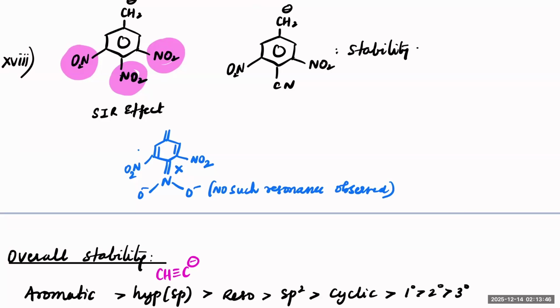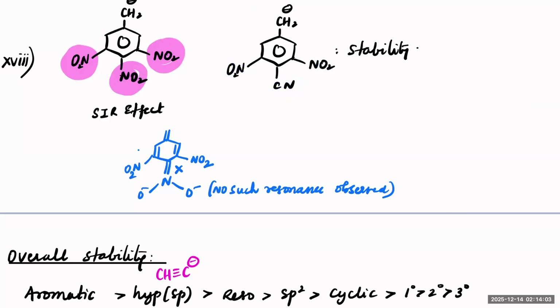Hence, we can say you now have to only compare the minus I effect. And you know that between NO2 and CN, the minus I effect is more for NO2. But have you noticed cyanide is linear, that does not have any SIR effect like this.